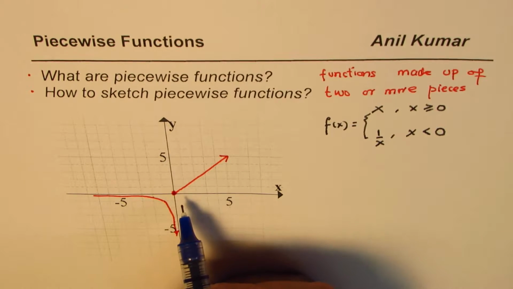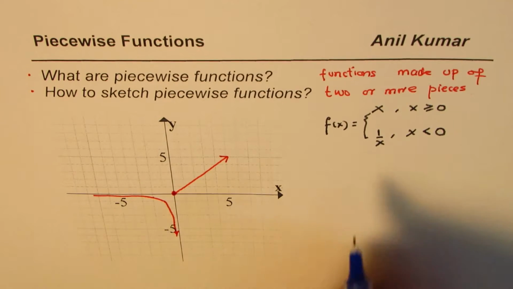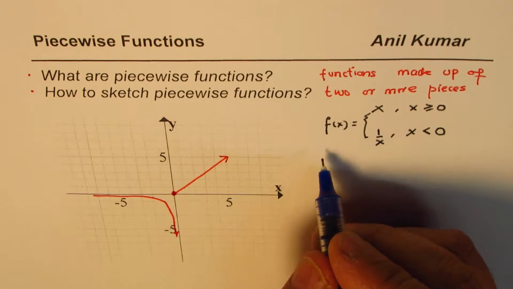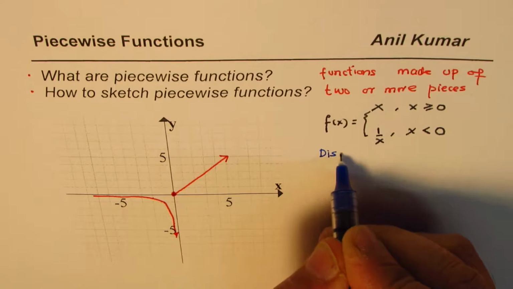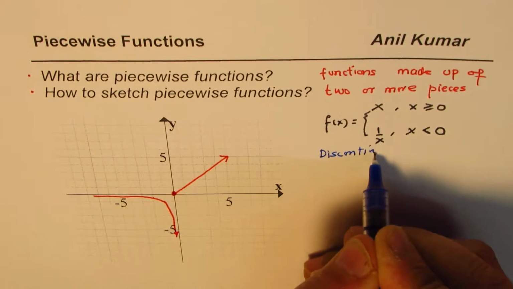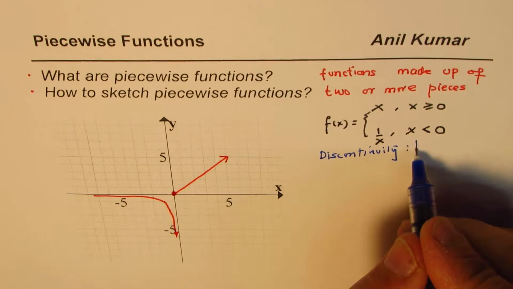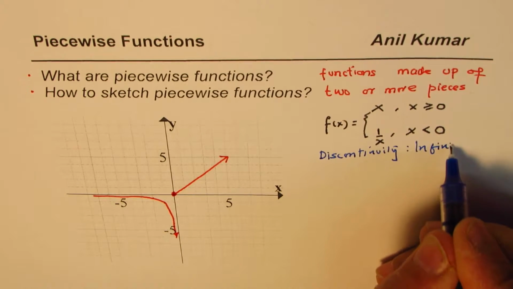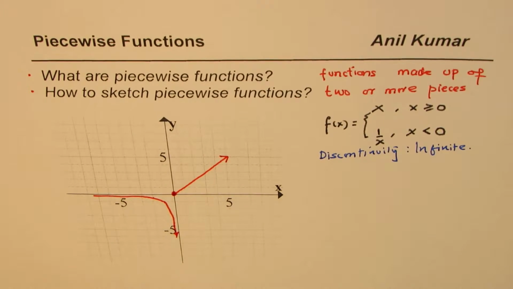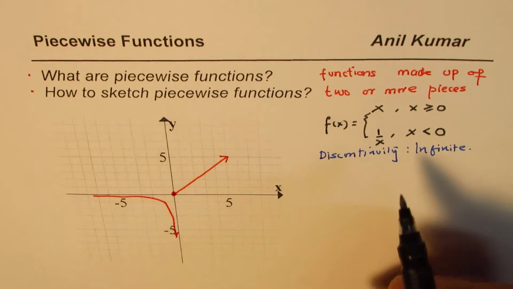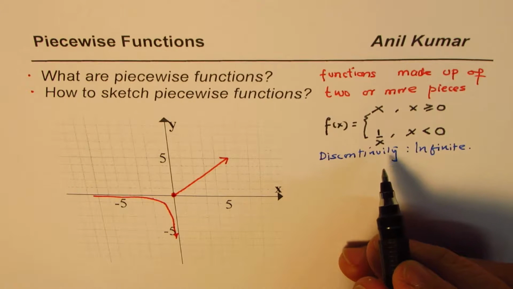Now when you have two pieces like this with a discontinuity like this, it will be referred to as an infinite discontinuity.